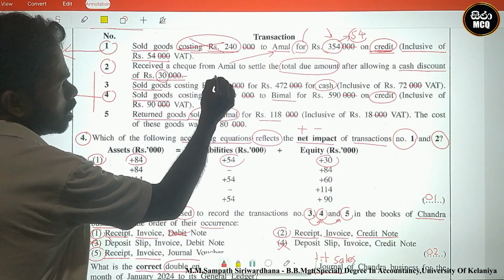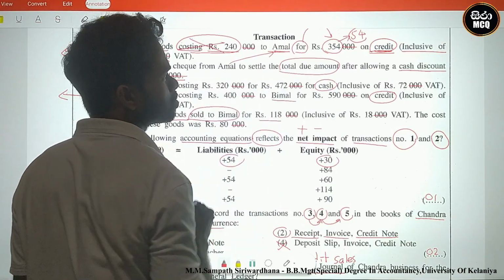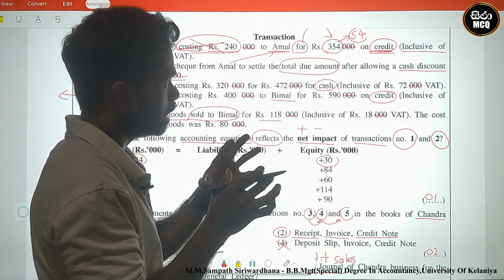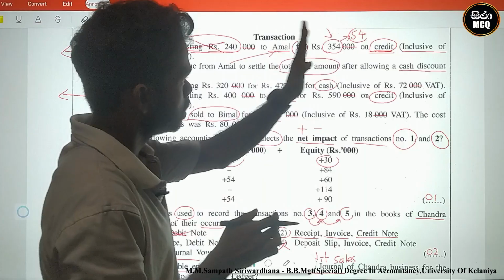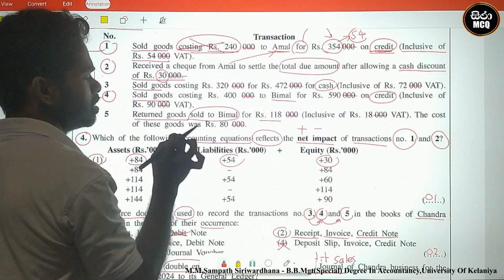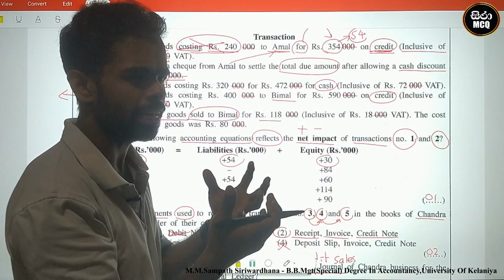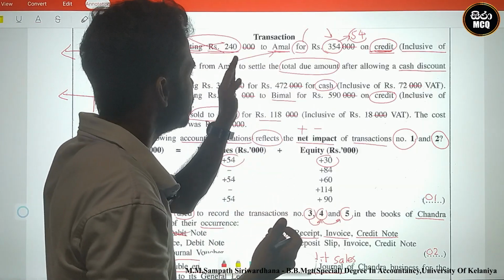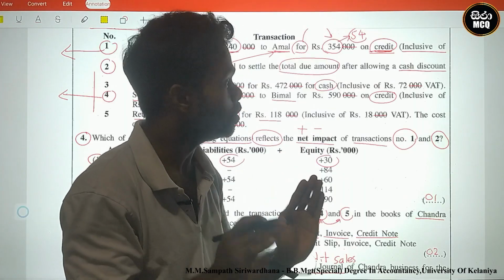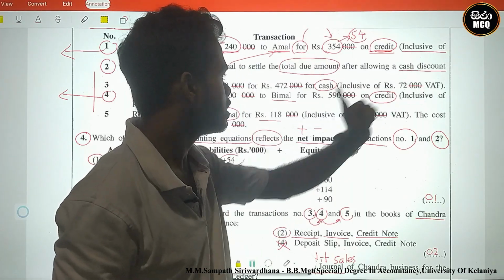Received a cheque from Amal, this Amal, who was created when goods were sold on credit. This time a cheque was received. Cheque means cash receiving from Amal, settling the total due amount after allowing cash discount.